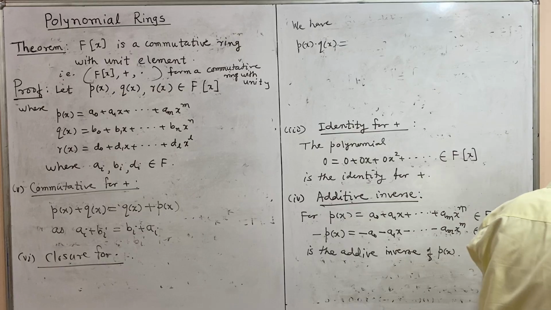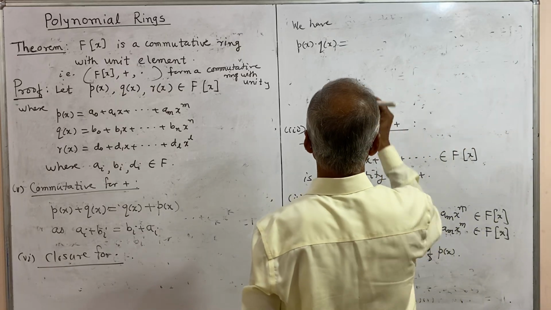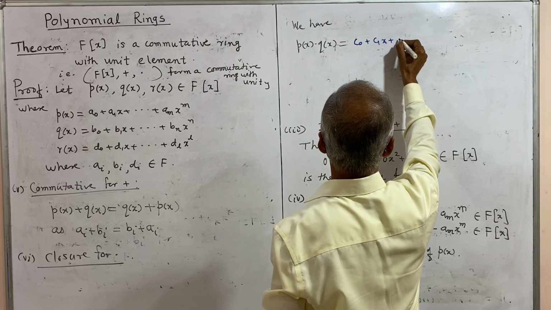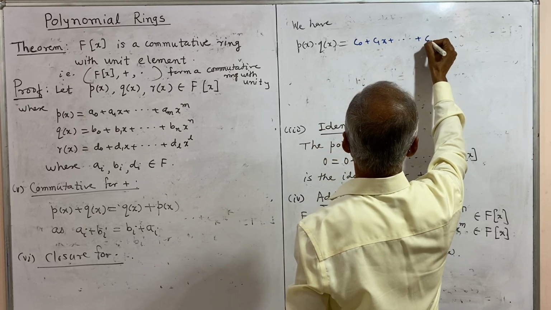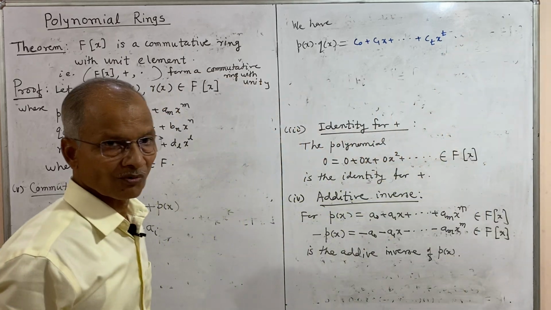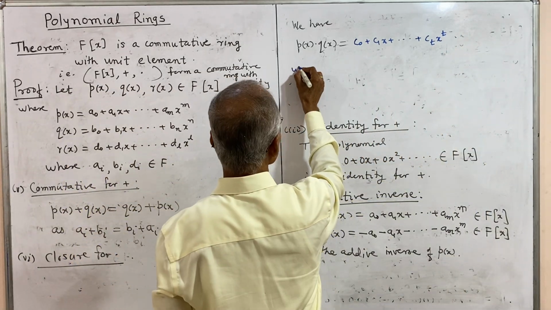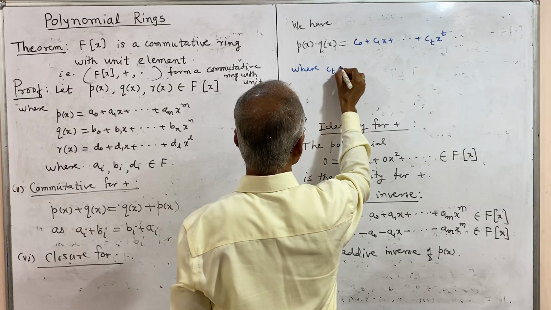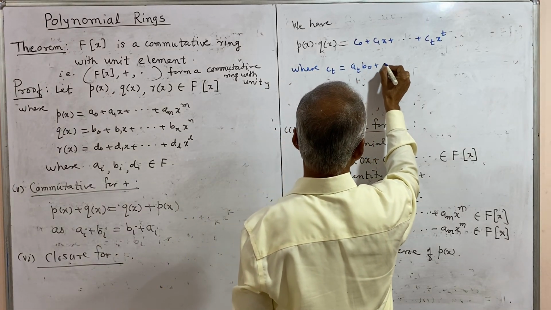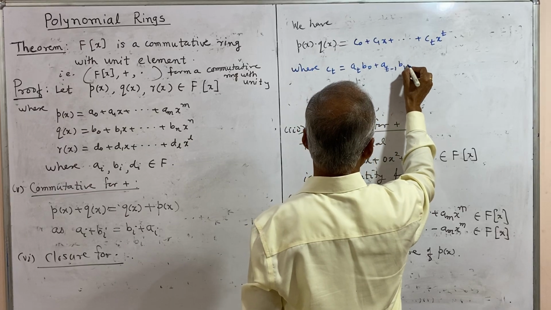That we can write as c naught plus c1x plus and so on up to say ct x raised to t, where this ct is a naught bt plus at minus 1 b1 and so on.